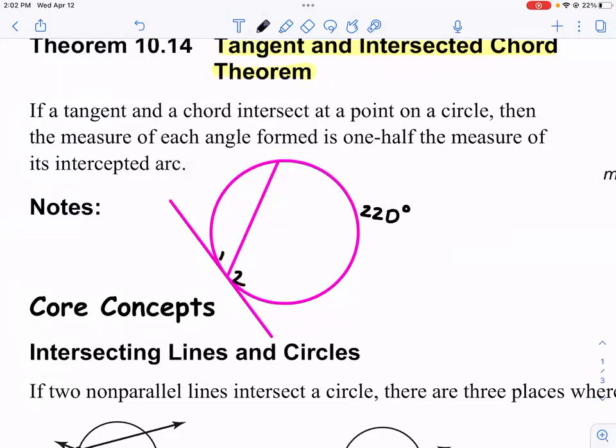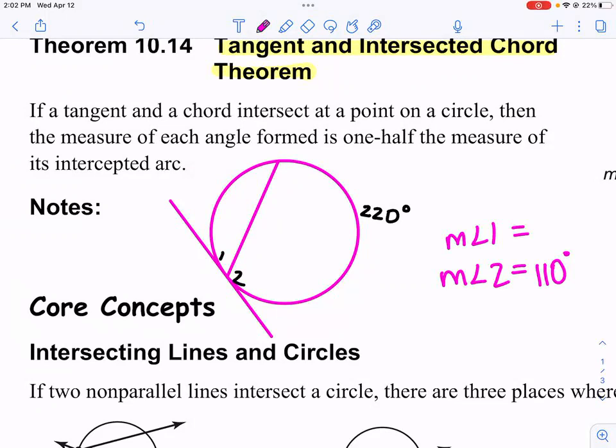The measure of angle 2. What is the measure of angle 2? 110, because it's half of it. Now, angle 1, we can go about in 2 different ways. We can either say, since angle 2 is 110 degrees, then we know that these are supplementary.